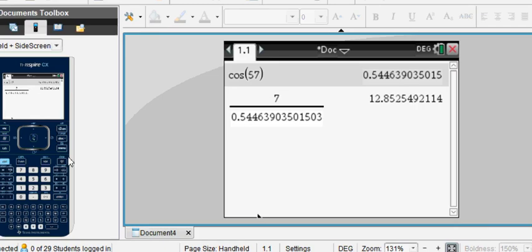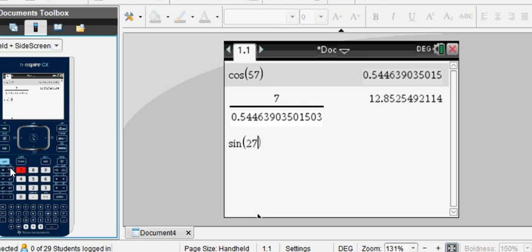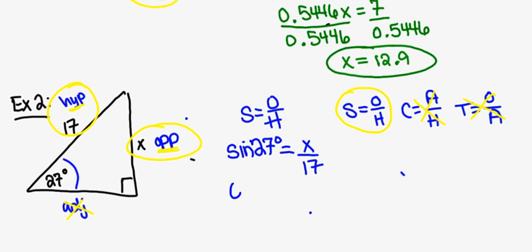So into my calculator goes sine of 27, or 0.4539, equals the x over the 17.